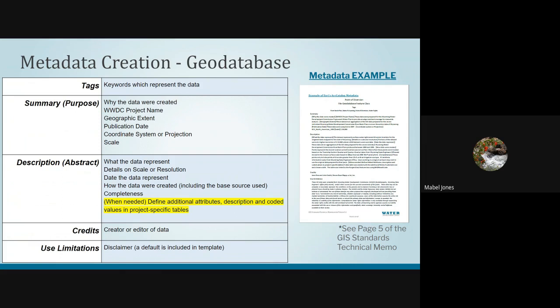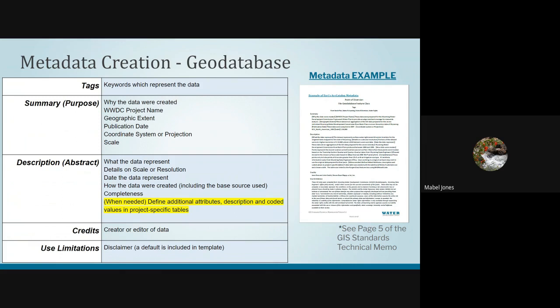Page 5 has metadata filled out for a hypothetical data set, so you can get a better sense of what goes where. This is carried over into the templates by including both the counts of what to include in the brackets and some example text. Just please make sure that you replace the example text with your actual metadata. We've had quite a few projects turned in with placeholder metadata.